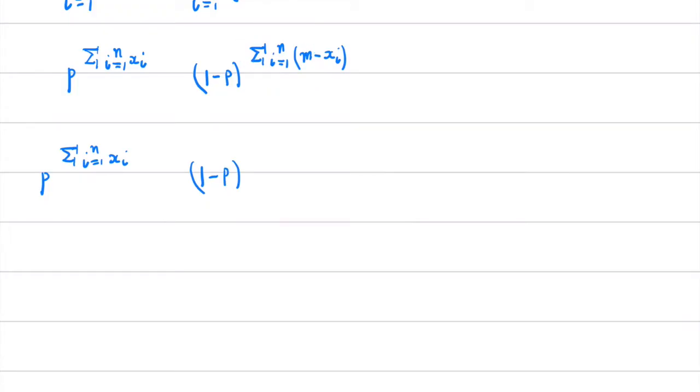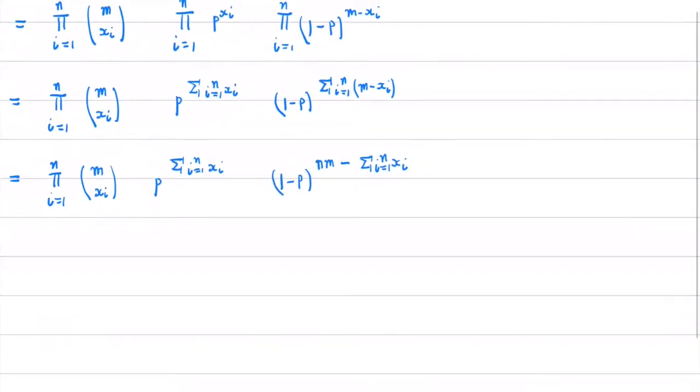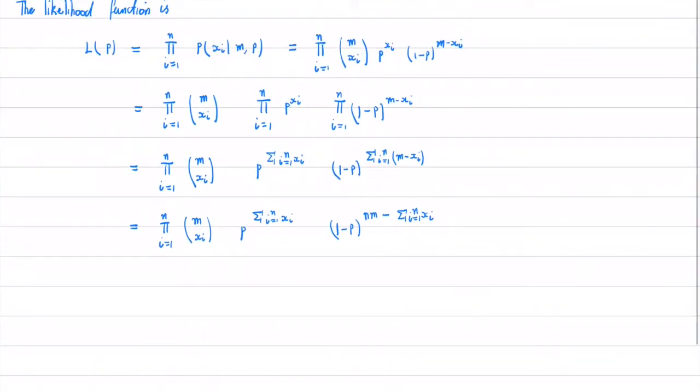So instead I can just say that's n times m minus the sum i equals 1 to n of xi. And from here we have derived an expression for the likelihood function.